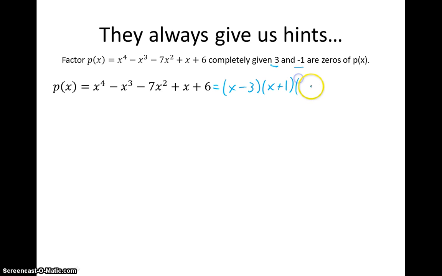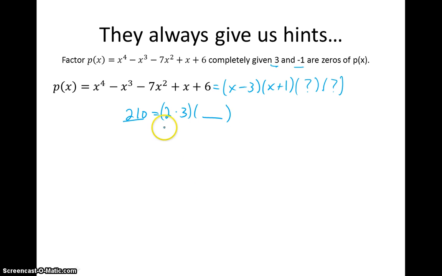Now, what we don't have are our last 2 mystery factors. We don't know what those last 2 factors are. We need to be able to find them. So this is kind of like if they told us that 210 that we were talking about before is 2 times 3, and what we want is to know what is that last thing that we have to multiply by to get 210.